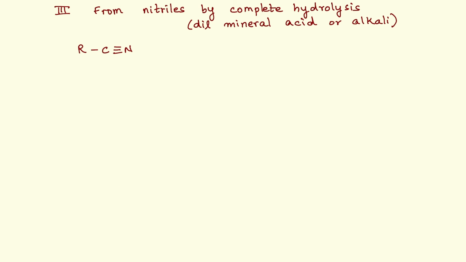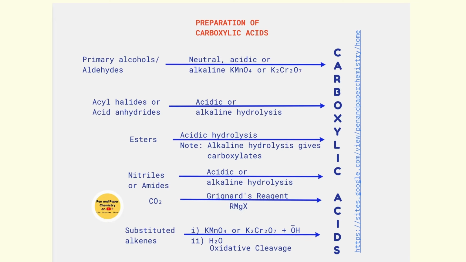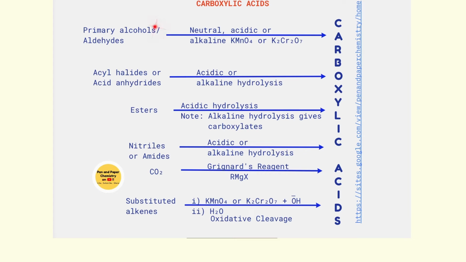The next method of preparation is from nitriles. I hope you are keeping the chart handy so that you can refer to it. We've already covered primary alcohols, acyl halides, acid anhydrides, esters. Now it's the turn for nitriles, acidic or alkaline hydrolysis.